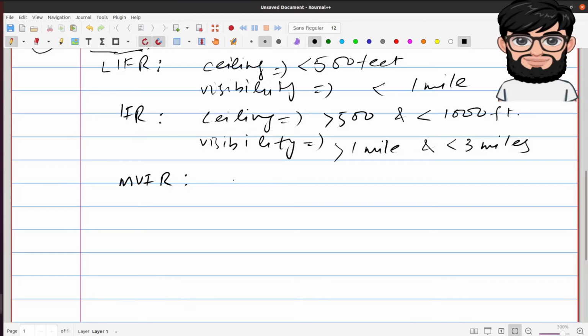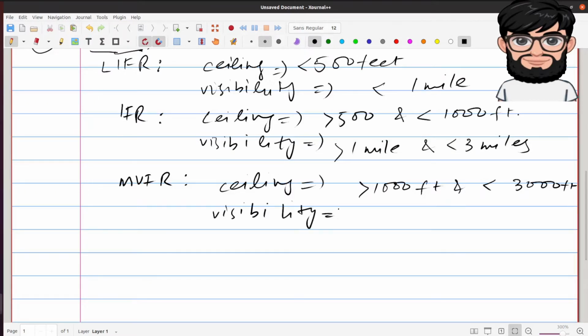The ceiling is more than 1000 feet and less than 3000 feet, and the visibility is between 3 to 5 miles.